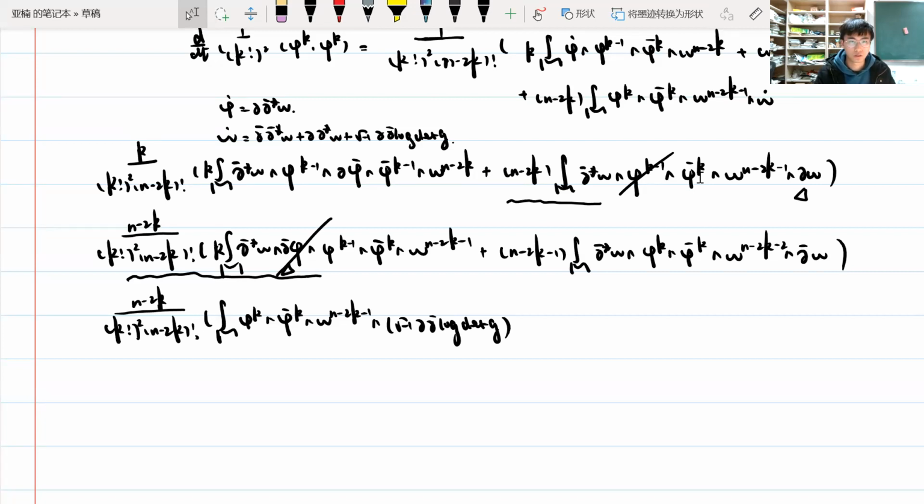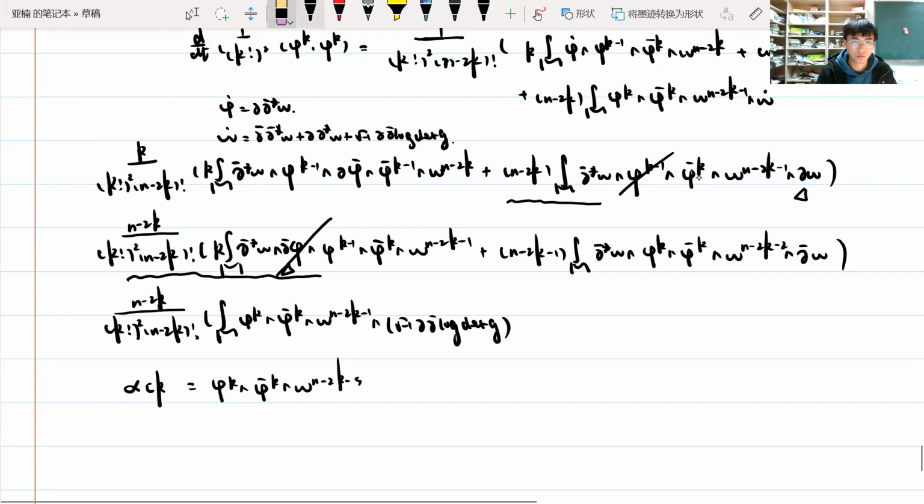And note this term we can rewrite it: if we denote alpha_k of omega, phi, omega to the power n minus 2k, then this term is alpha_k squared.